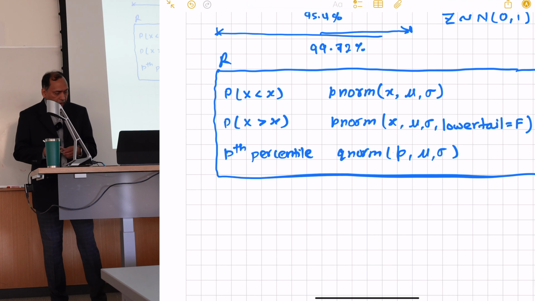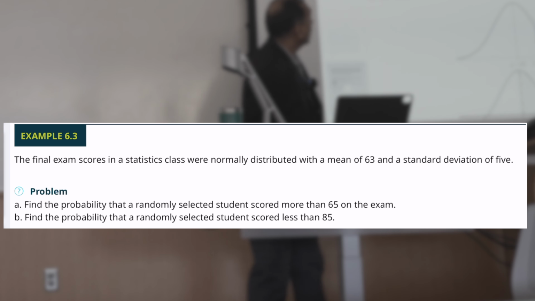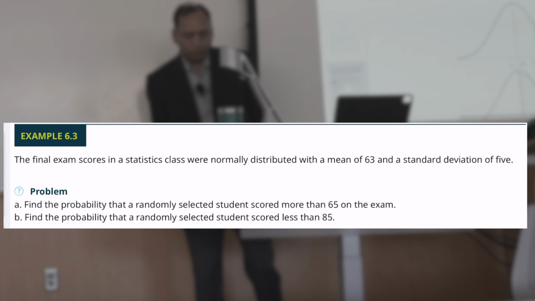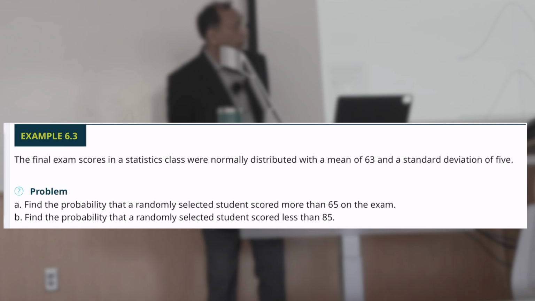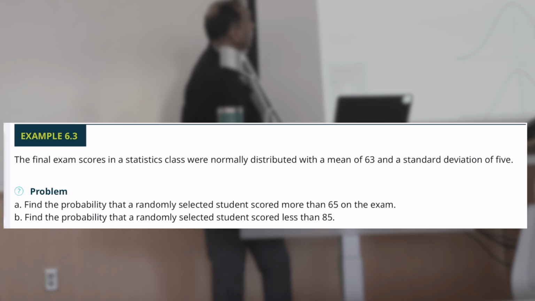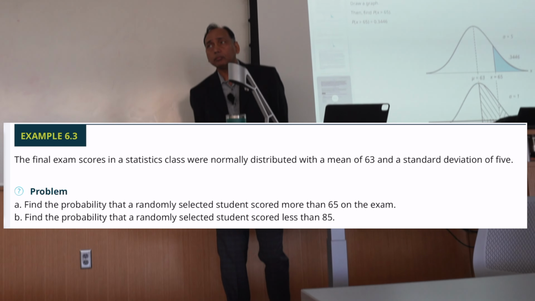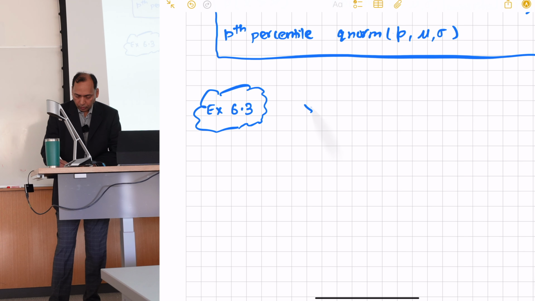Example 6.3. The final exam scores in a statistics class were normally distributed with mean 63, standard deviation 5. A, find the probability that a student scored more than 65. We are given that x follows a normal distribution with mean 63, standard deviation 5.